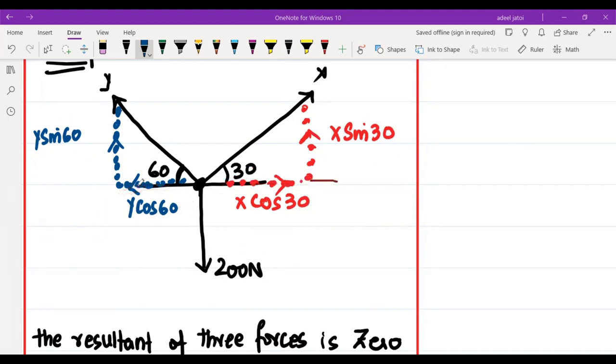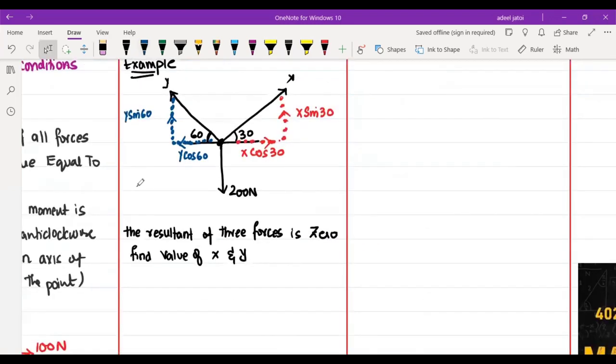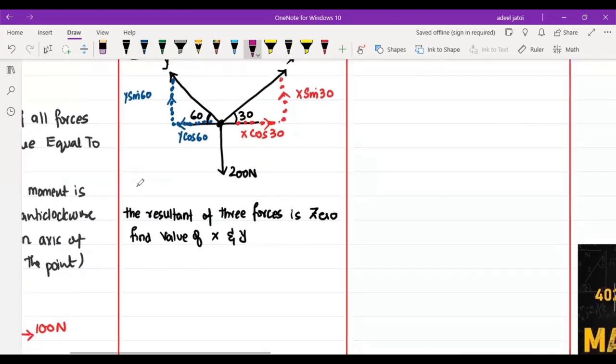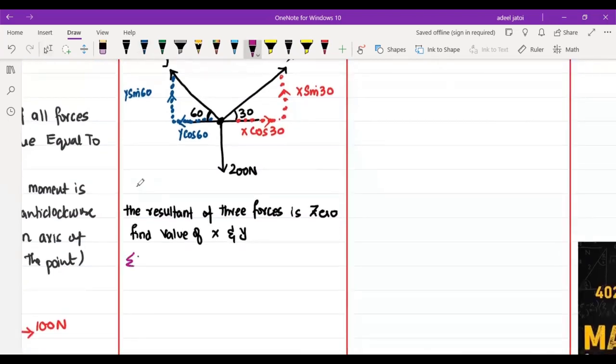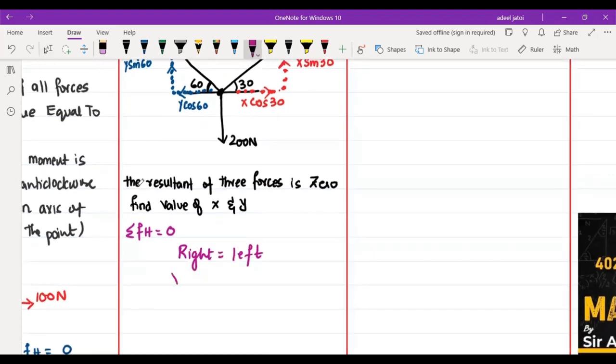So if we solve this, considering that we already know the horizontal and the vertical forces, the summation of horizontal force should be equal to 0. So right is equal to left. So x cos 30 is equal to y cos 60.